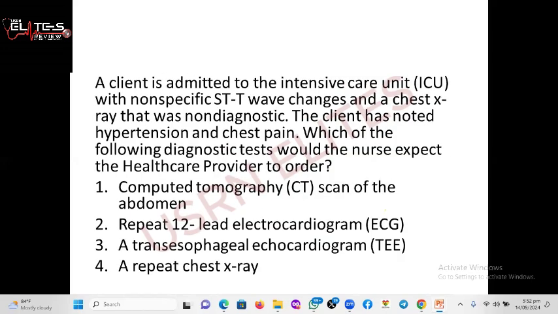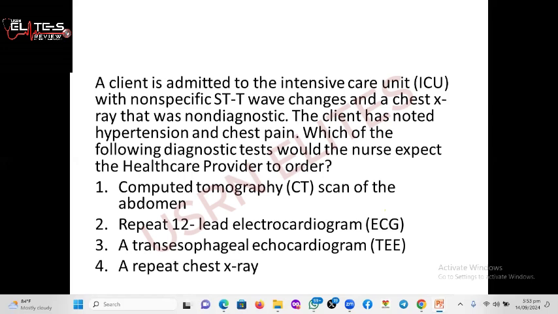Do I have this question here? A client is admitted to the intensive care unit with non-specific ST changes and a chest X-ray that was non-diagnostic. The client has noted hypertension and chest pain.